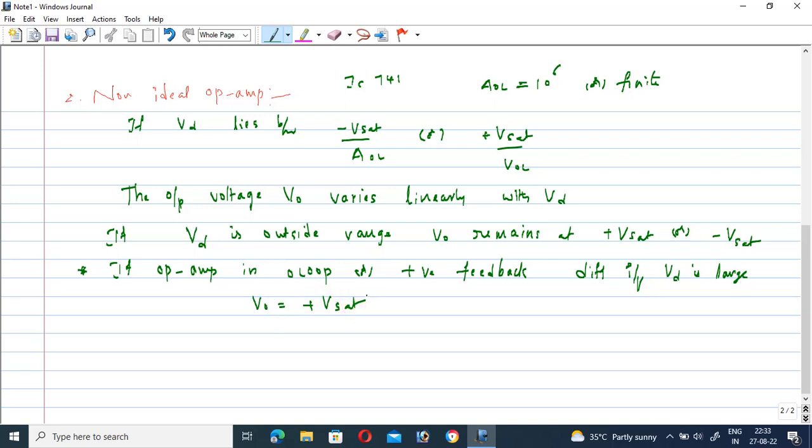When the op-amp is used in negative feedback, the difference input VD becomes negligibly small. This is also very important.